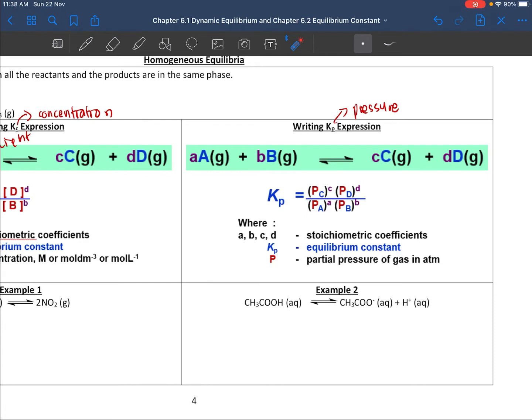So partial pressure of A to the power of small letter a and partial pressure B to the power of small letter b. Small letter a, b, c, d adalah stoichiometric coefficient. Kp adalah equilibrium constant untuk pressure lah. P tu adalah partial pressure of gas in atm. Kiranya sama lah, ambil produk, darabkan power stoichiometry, bahagi reactant, darabkan power stoichiometry.